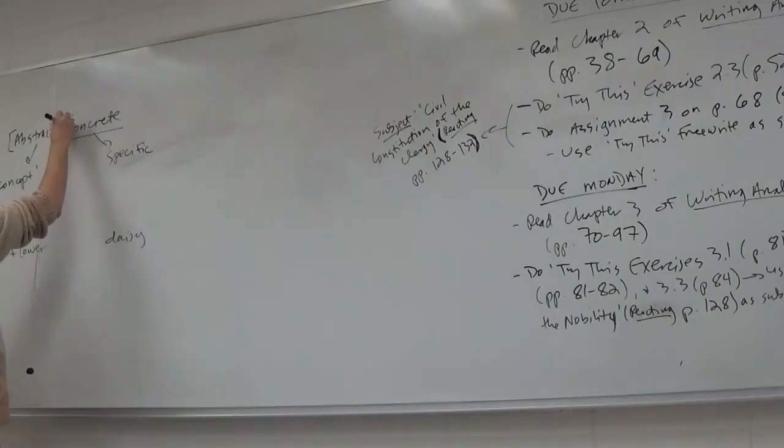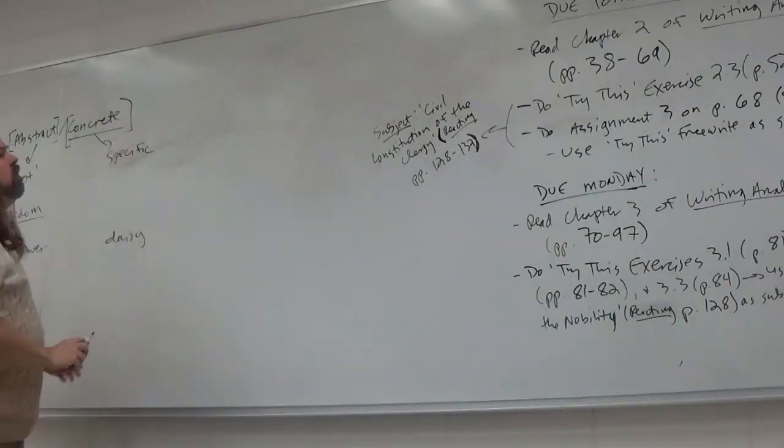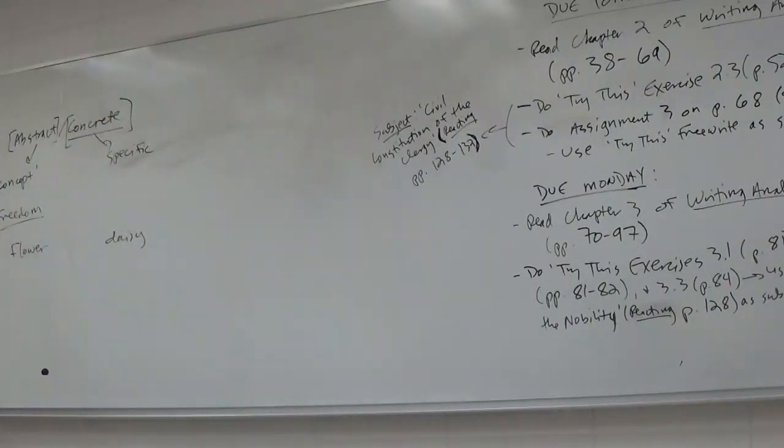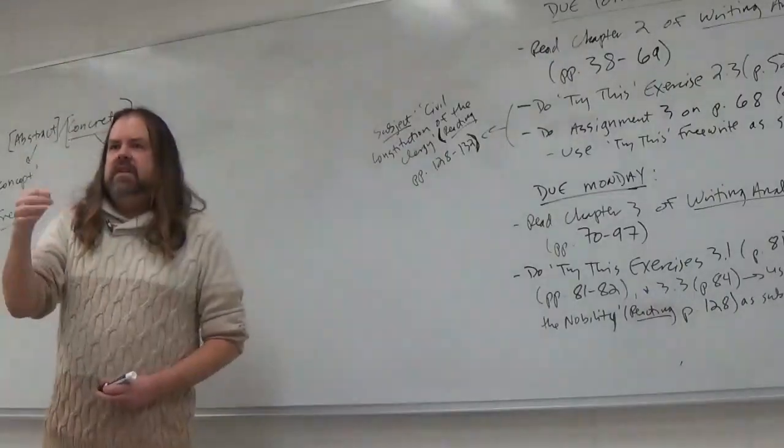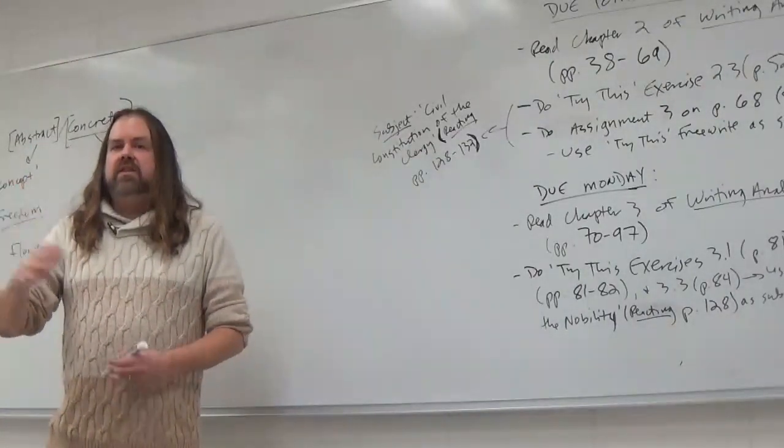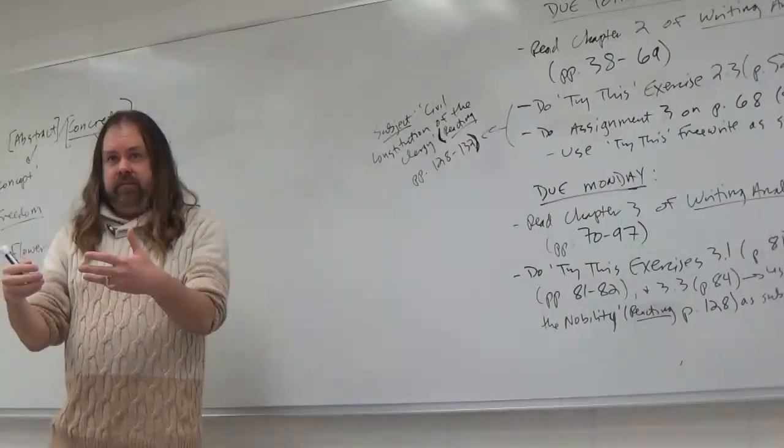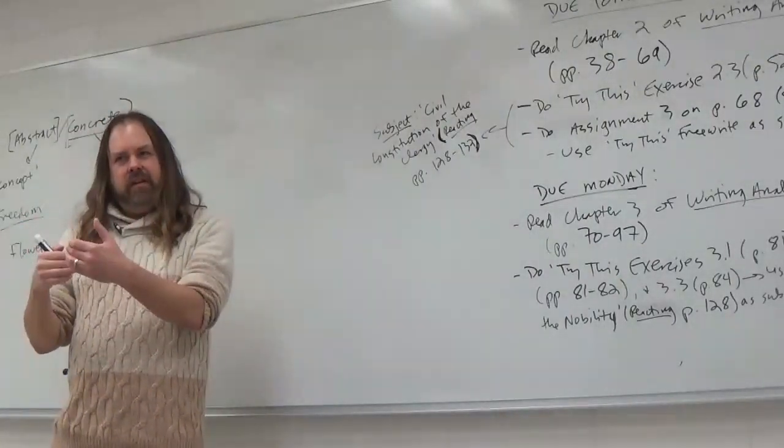Meanwhile, if you're reading a novel or a poem, a good one anyway, it's often going to focus very heavily on the concrete in order to evoke particular feelings or particular ideas using your senses, right? Does this make sense to everybody?